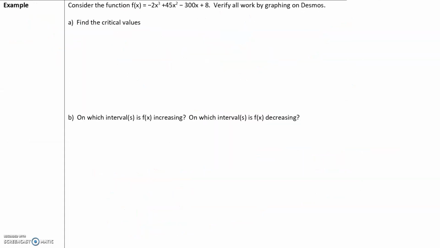Okay, let's consider the function f of x equals negative 2x cubed plus 45x squared minus 300x plus 8. First, let's find the critical values. Once again, for critical values, either f prime of x has to equal 0 or f prime of x is undefined.